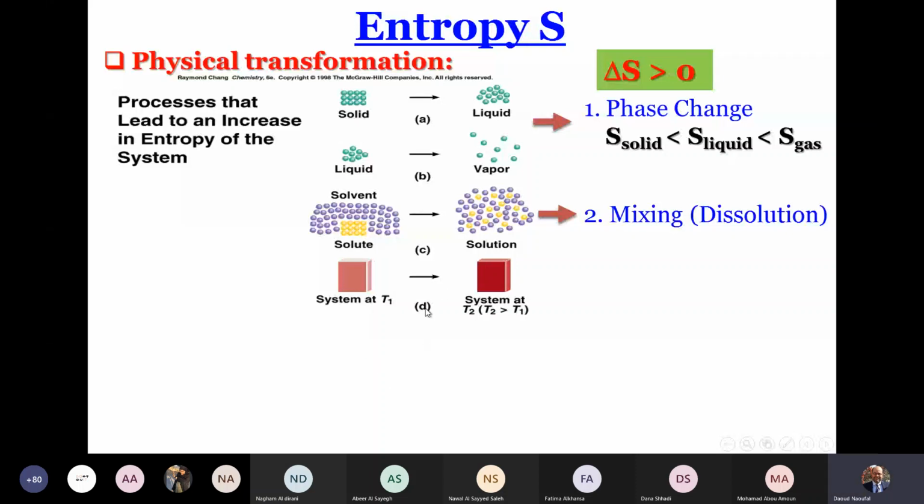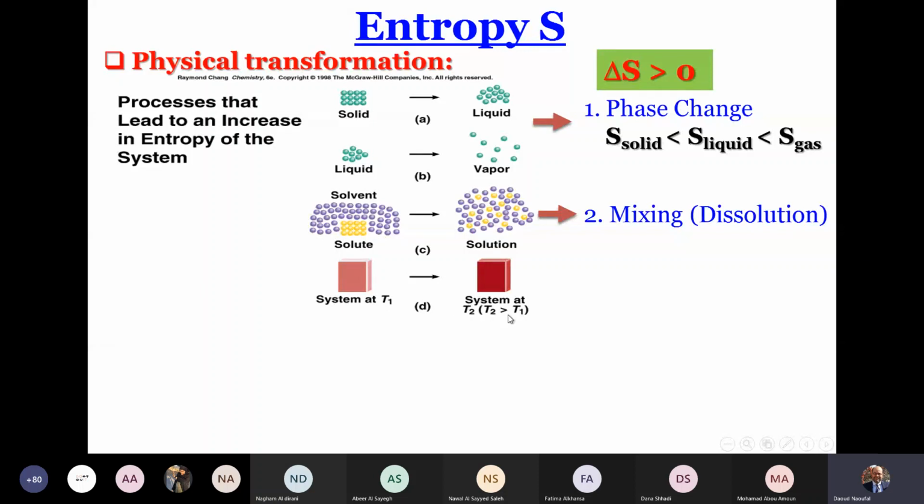In transformation D, we have a system at T1 that is heated to T2 without a change of state. When we heat a system, we absorb energy, and the particles absorb energy, so the motion of the particles is greater than in the initial system. So the system at temperature T2 is less ordered, or more disordered, than the system at T1.